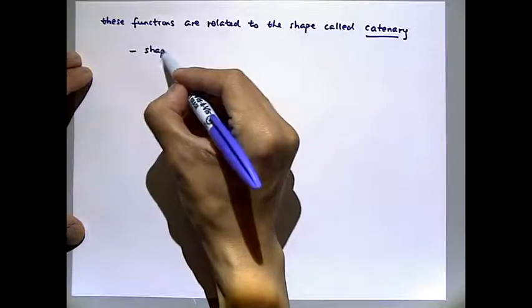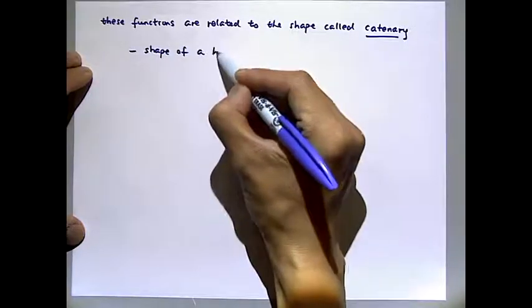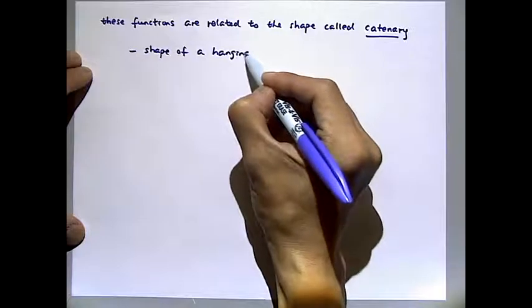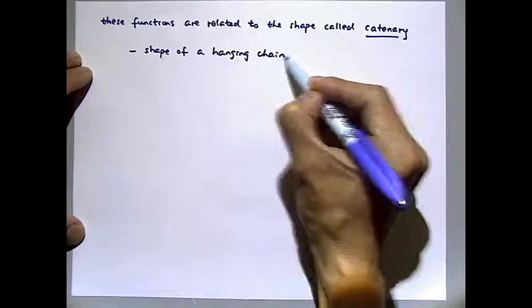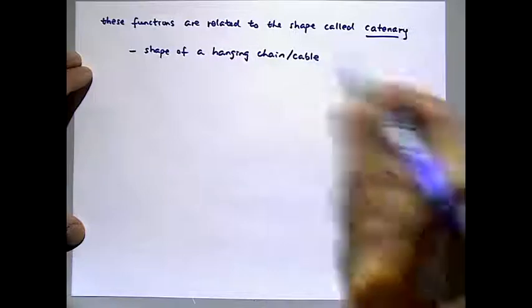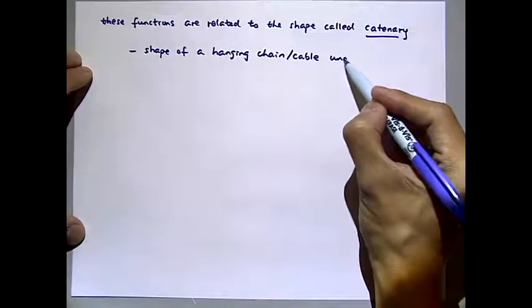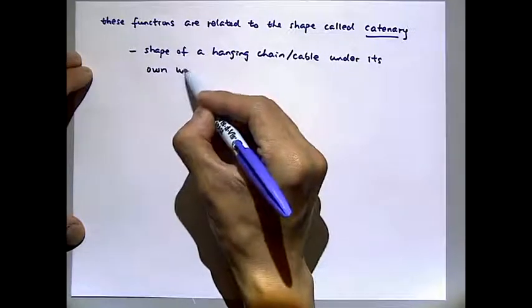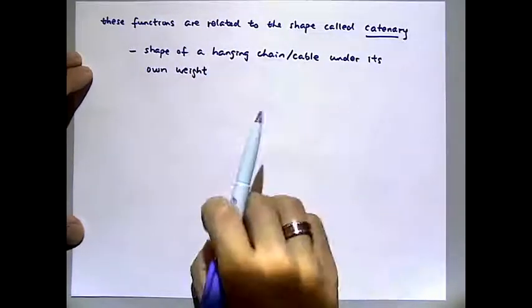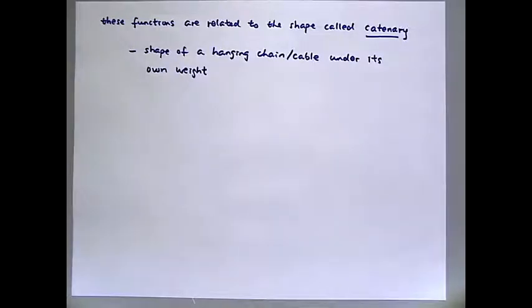It's the shape of a hanging chain or cable or any kind of string under its own weight. If you go out and look at the power lines, for example, the shape that they have under their own weight with support on either end, that shape is called a catenary. It looks like a parabola, but it's not a parabola.